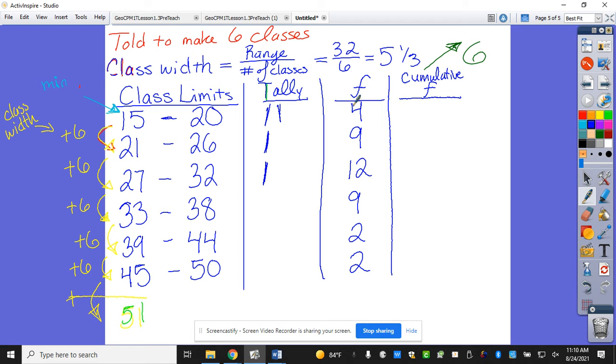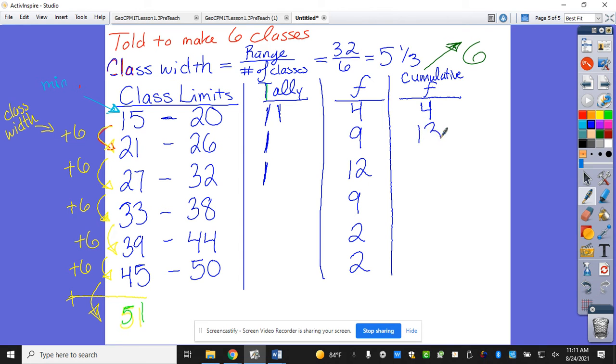Something else that we're not going to deal with right now, but I want to talk about it while we're talking about this part, is cumulative frequency. So they're accumulating. How many are between 15 and 20? Easy question. How many are between 15 and 26?